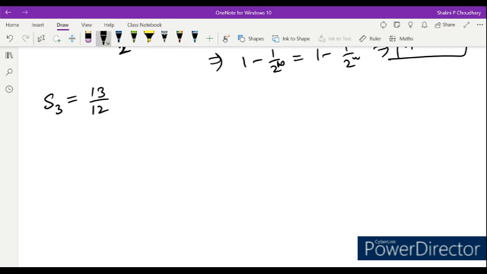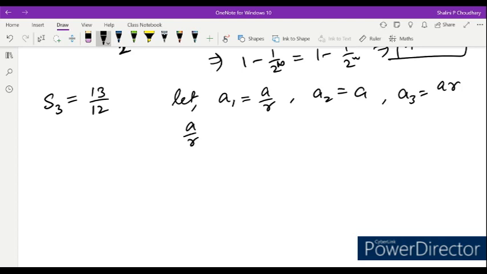Let A1 be A upon R, A2 be A, and A3 be AR. So these 3 terms, A upon R, A and AR, their product is given by -1.